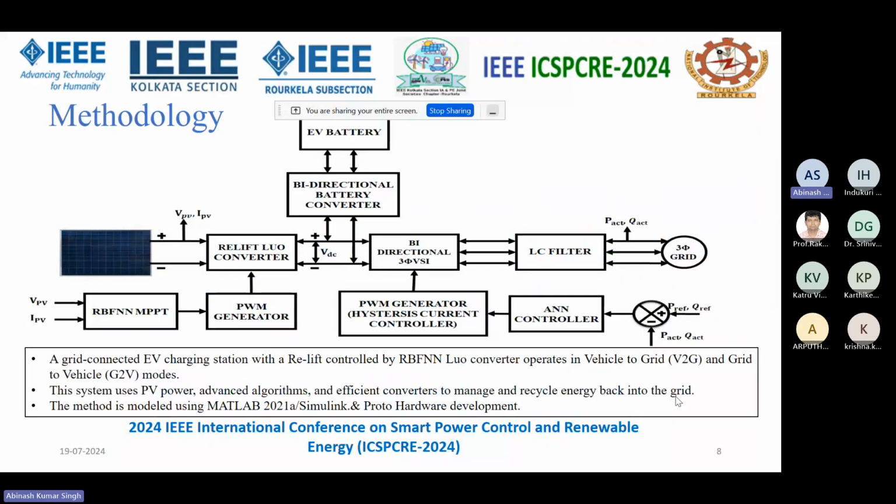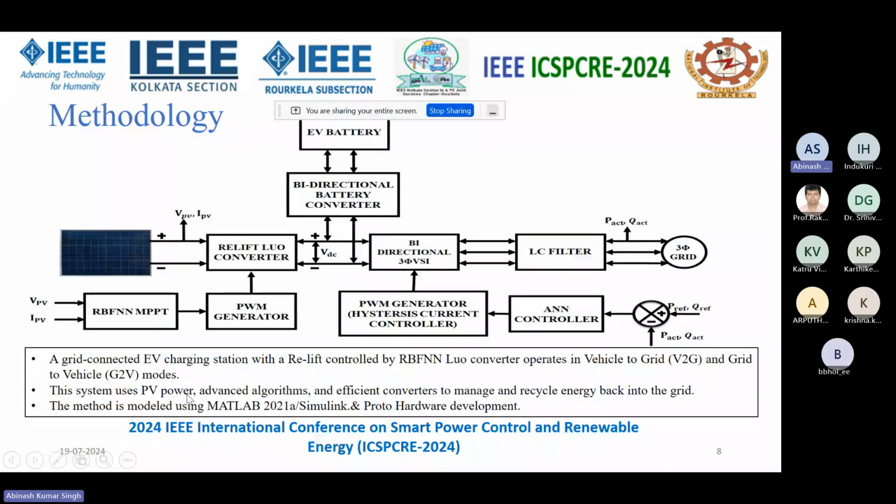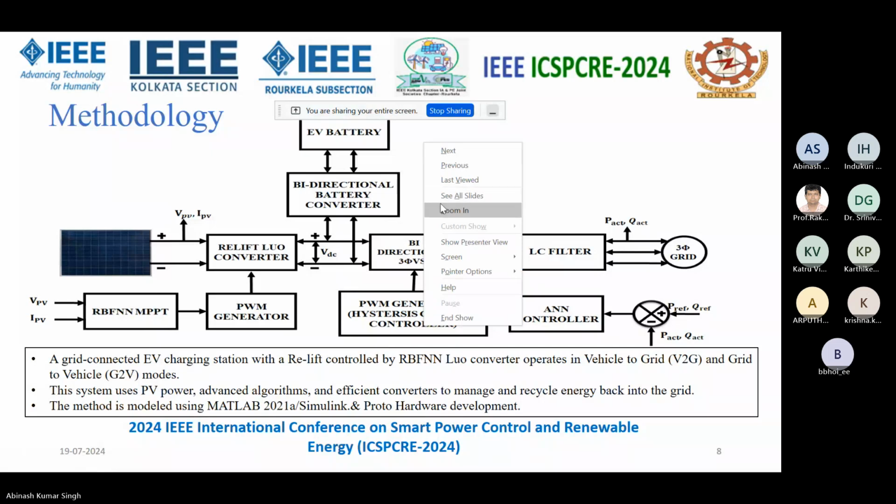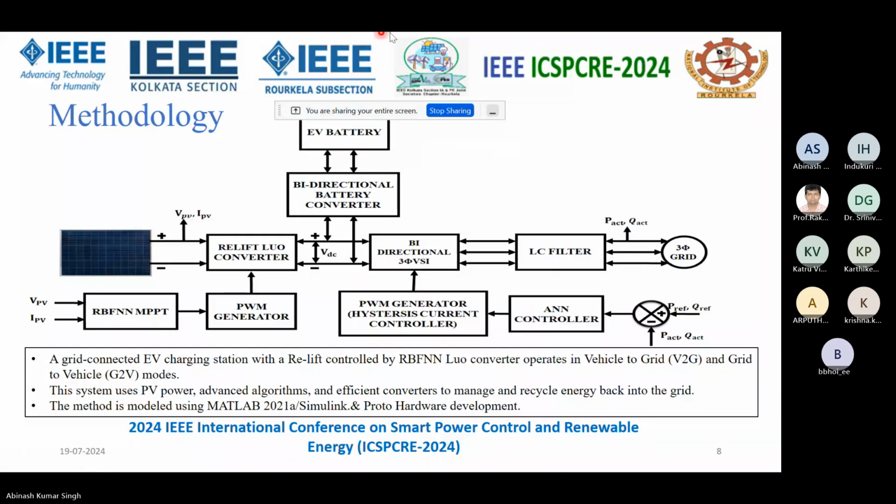Regarding the methodology, this is our diagram. Here it is a PV, then here are the EV battery chargers. Again, you have a bidirectional battery converter.